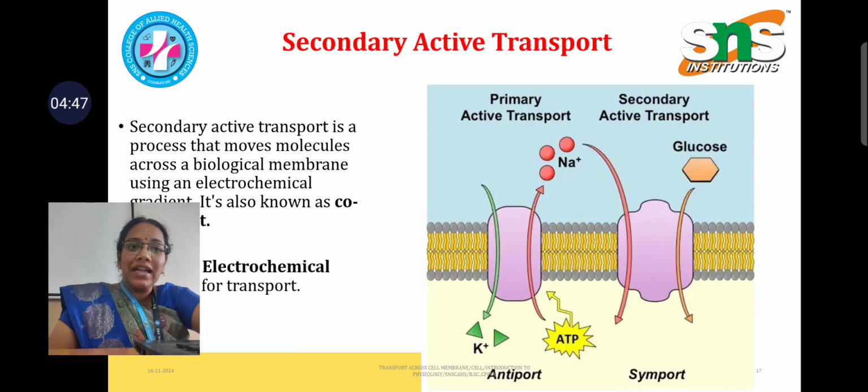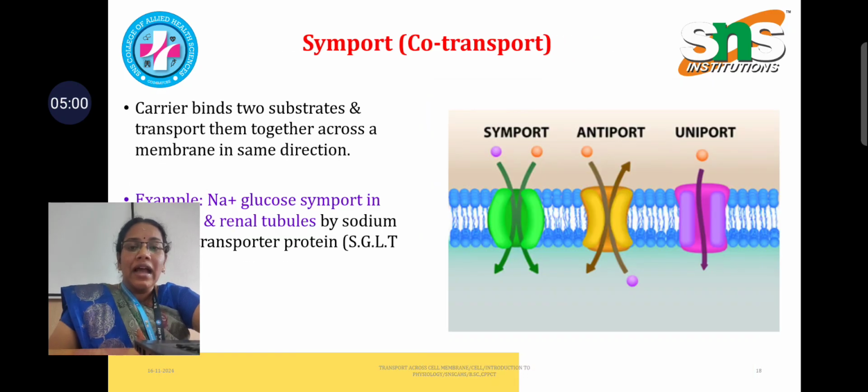In secondary active transport, you can see glucose coming inside a cell with the help of sodium. This form of transport is called co-transport, which is helpful for the movement of fluid from one place to another. Another form of transport is called symport. You can see here in symport, two different molecules enter into a cell in the same direction.